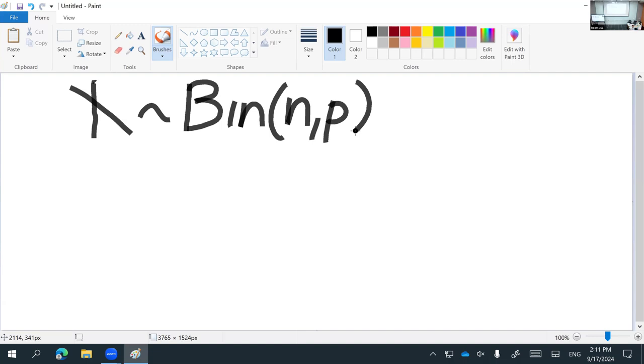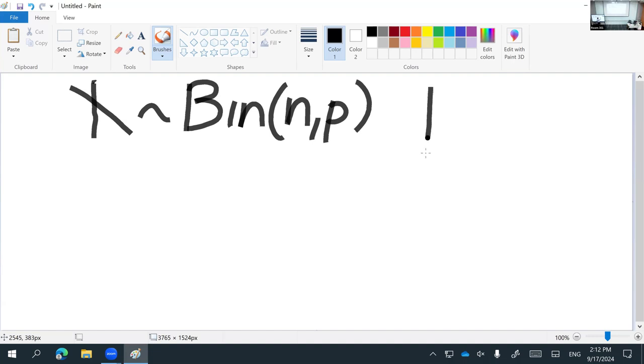You try to sell to 100 people something. Each person has probability of buying P. How many can you sell? It could be 0. It could be 100, or some number in between. Well, let's say P is 0.1 and N is 100.